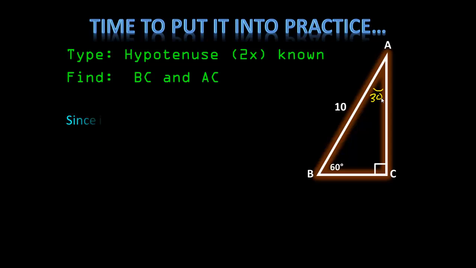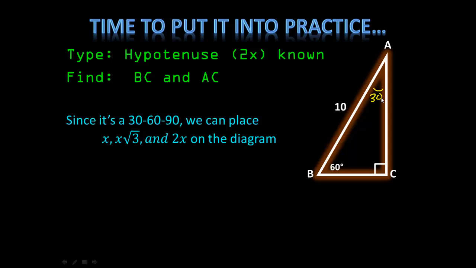Let's see what they want us to find. BC and AC. So since it's a 30, 60, 90, we can place x, x root 3, and 2x on the diagram. Now remember where they go. Opposite the smallest angle is the smallest side length, x. Now, here we've got 2x equals 10, and since 2x equals 10, we can figure out that x equals 5.